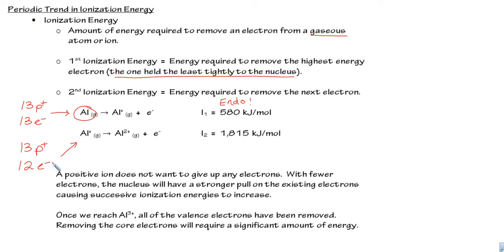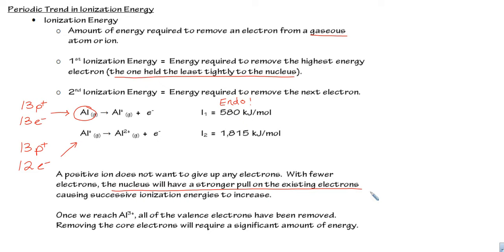It's like the positive nucleus is attracting fewer electrons, so that attraction per each of the 12 electrons is stronger. So with fewer electrons, the nucleus will have a stronger pull on the existing electrons.